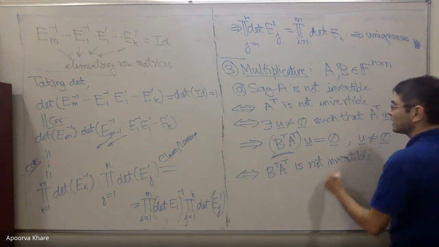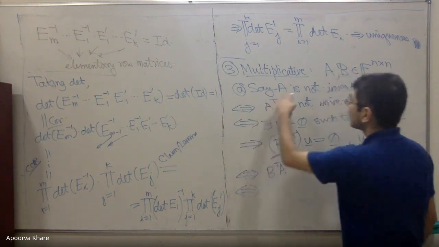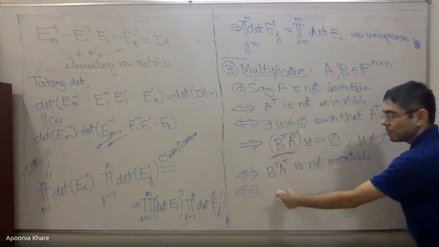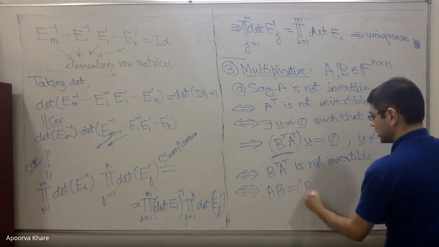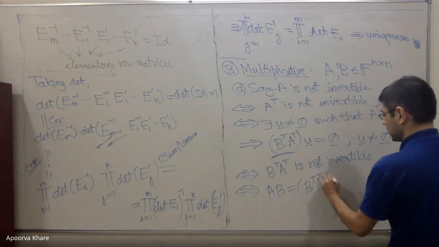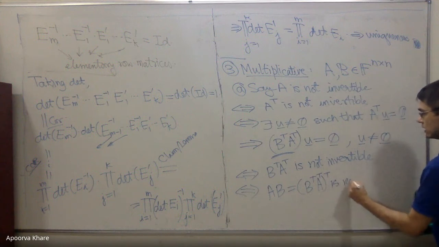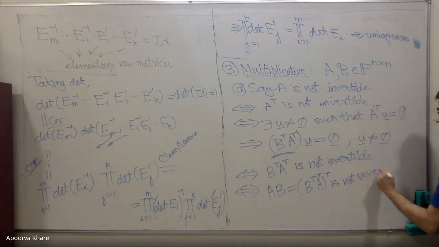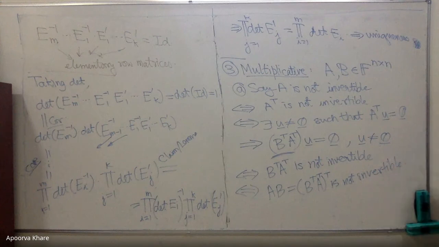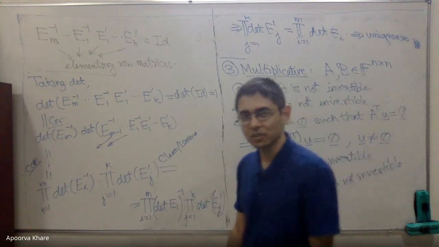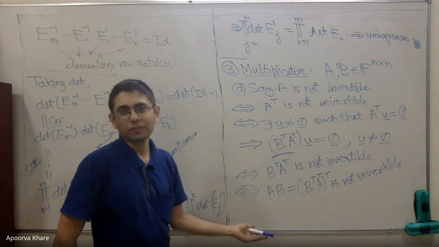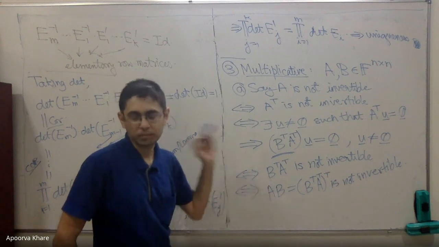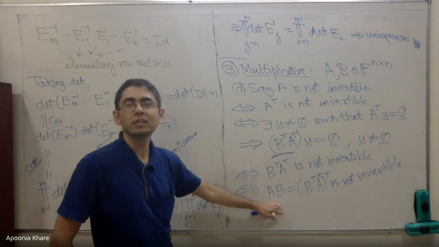I'm just trying to prove that if A is not invertible, then AB is not invertible. Well, now what is the transpose of this? It is precisely AB. So the whole rigmarole here is just to say that if A is not invertible, then A times B is not invertible. Probably there's a different, easier way of seeing this, but this is for me the most obvious way. Now the point is, once you have this, then we are done.